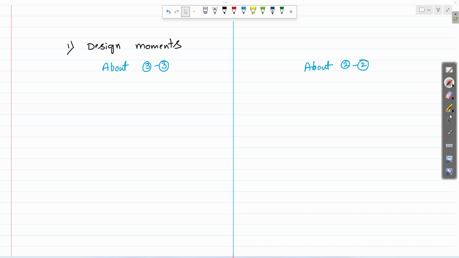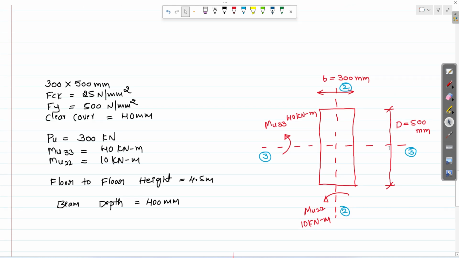See here, from this diagram, so for Mu33, which is the depth resisting Mu33, this 500 will resist Mu33. Okay. For Mu22, depth will be this side, so 300.